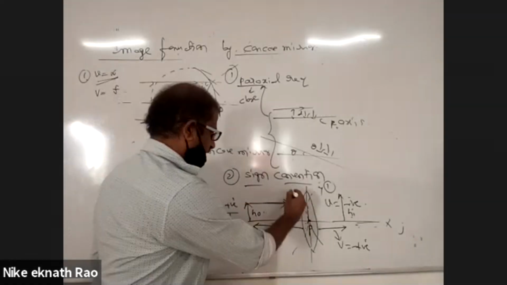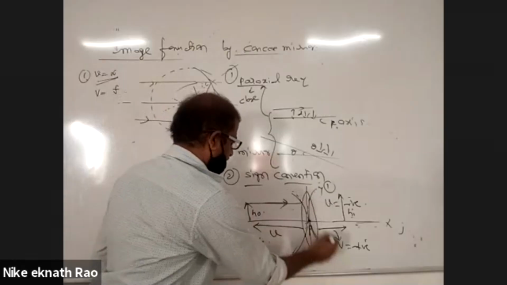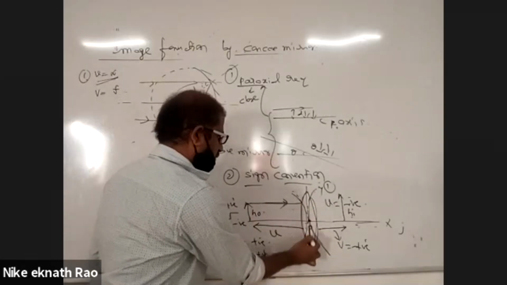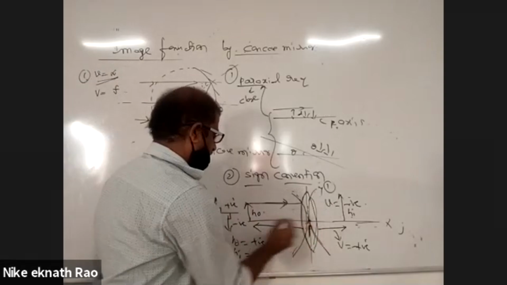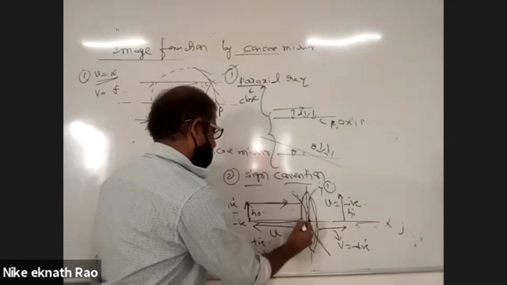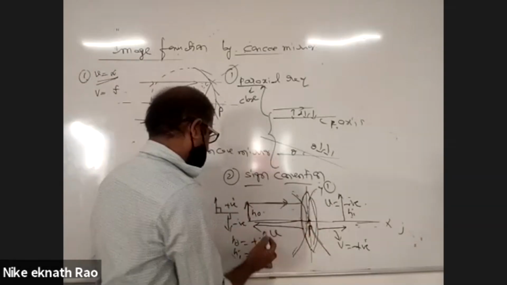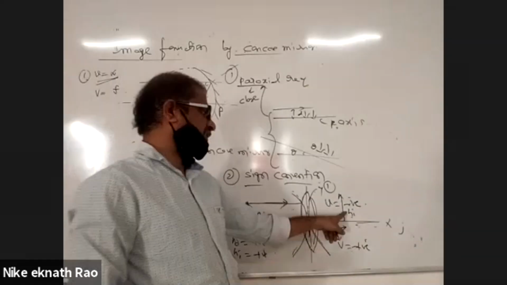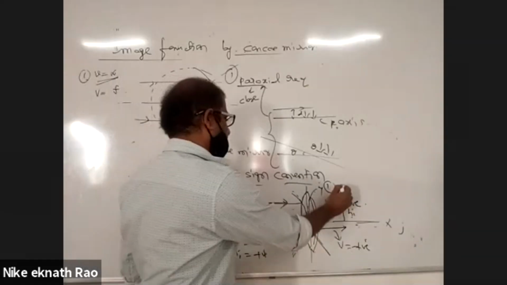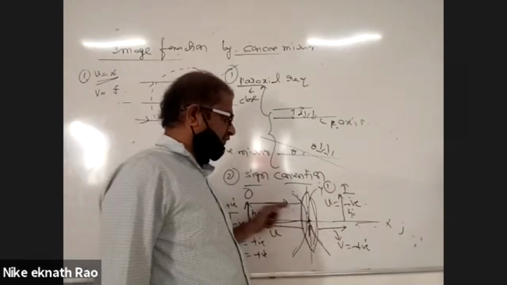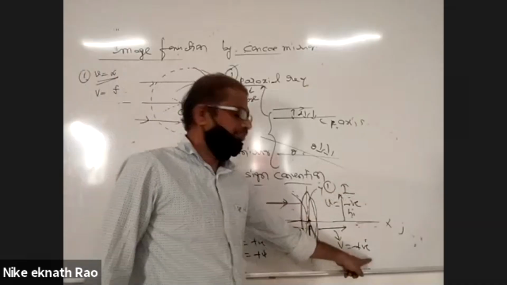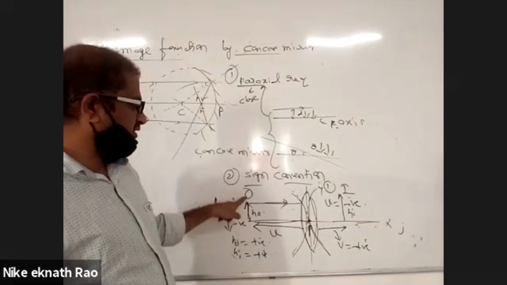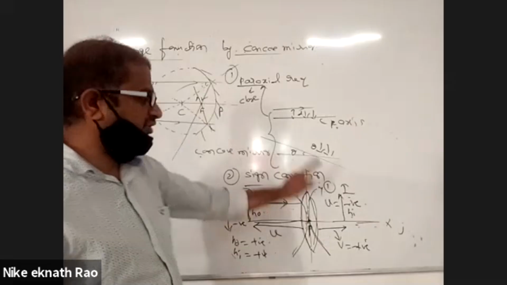You can take any mirror, with its center. The object distance is obviously negative. This is the object, this is the image. The image height above the principal axis, perpendicular, is positive.